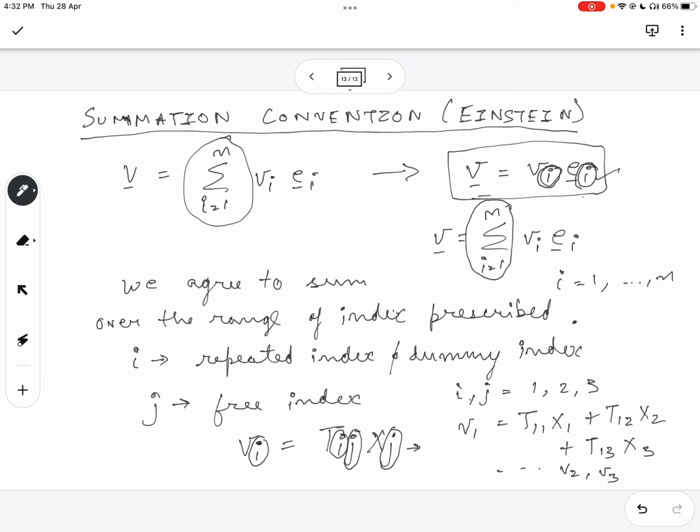So here j is a repeated index and i is a free index. When i is equal to 1, then this is our expression. Same for 2 and 3.